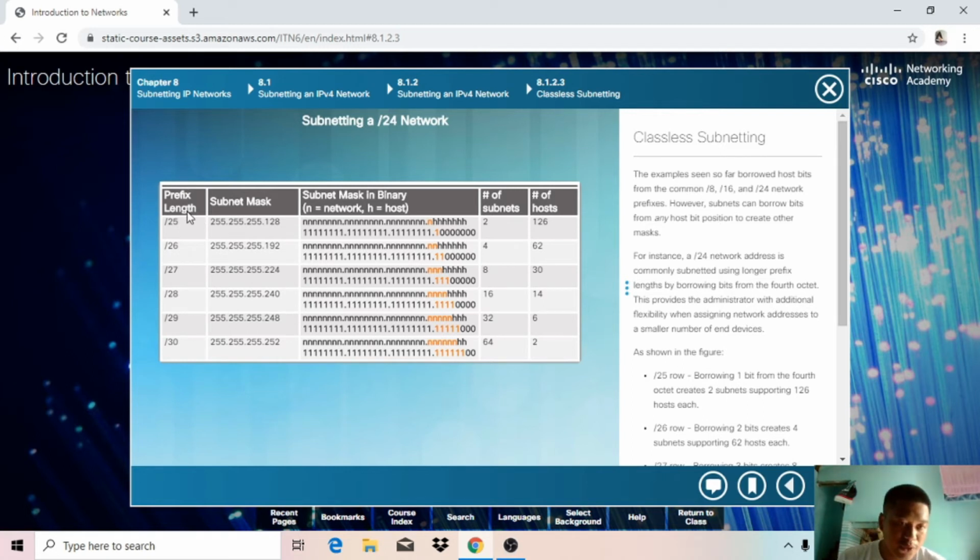This is the prefix length, the subnet mask in binary, the number of subnets, and the number of hosts. We can see that the values multiply by themselves. For example, 2 times 2 is 4, 4 times 2 is 8, 8 times 2 is 16, 16 times 2 is 32, and 32 times 2 is 64. They multiply by 2s.